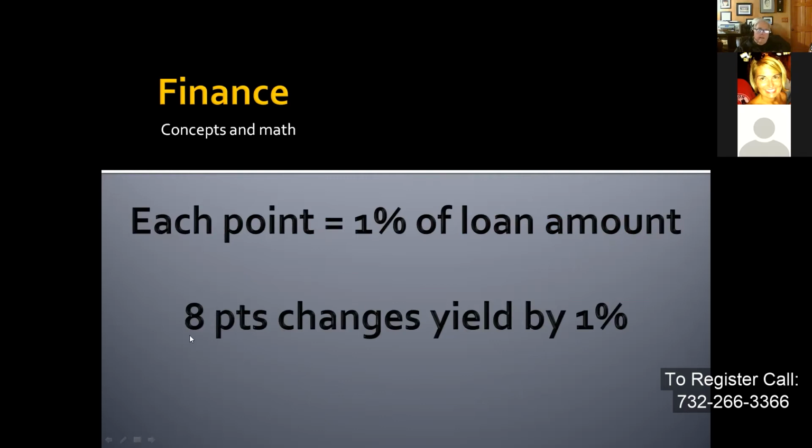Another weird thing is whenever you pay 8 points, you can change the yield by 1%. So if you have a 4% loan as a borrower and you want a 3% loan, you would pay 8 points. That means you'd pay 8 percentage points of the loan amount. And then they would reduce your annual interest rate by 1%. And if you do the math on that, and sometimes they give you a question to do the math on that, usually you break even on the 8th year.